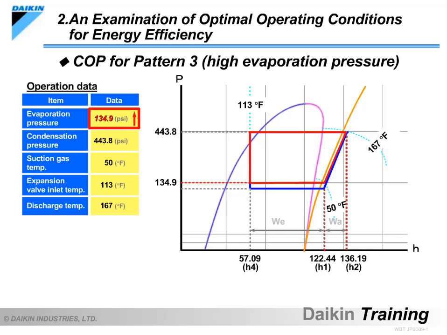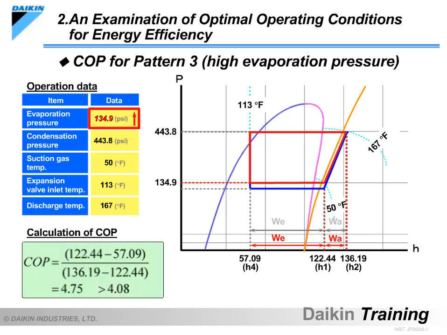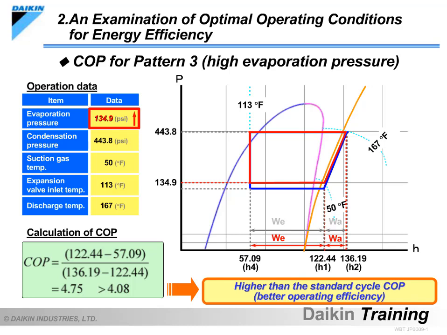Compared to the standard cycle, the refrigerating effect is virtually the same and the compression work is slightly lower, resulting in a COP of 4.75. This is approximately 20% higher than the standard refrigeration cycle COP.